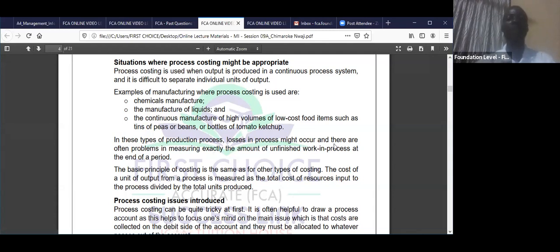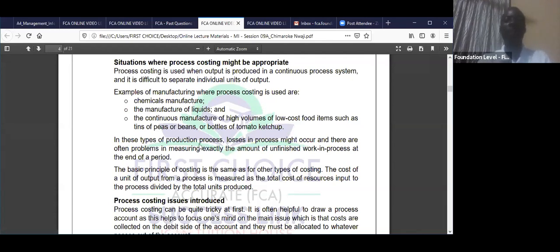Examples of manufacturing processes where process costing is used are the chemical manufacture of liquids and the continuous manufacture of high volume of low-cost foods, such as a tin of peas or beans or a bottle of tomato ketchup, and I've added bread.